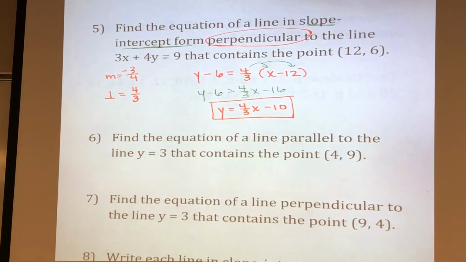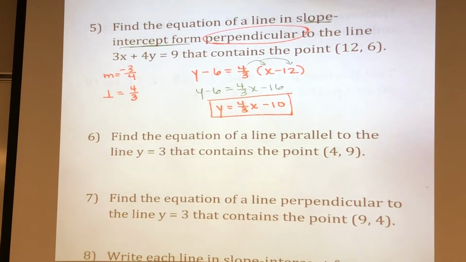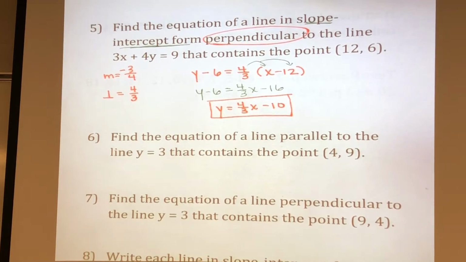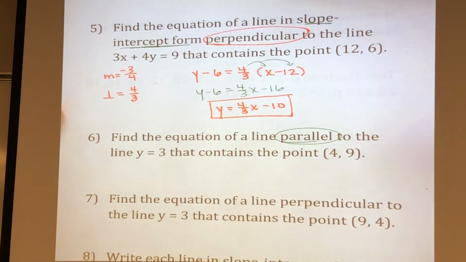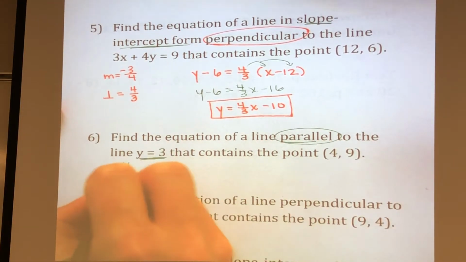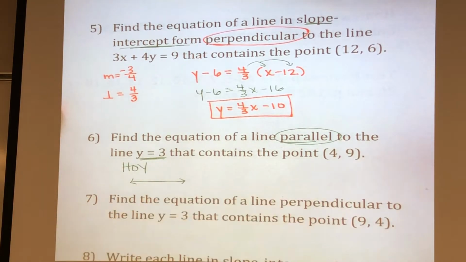All right, number 6. Find the equation of a line parallel to the line y equals 3 that contains the point 4, 9. All right, lots of things we have to think about in this one. First, parallel, meaning the same slope. Y equals 3. Remember our HOY acronym? That's telling us that we have a horizontal line that goes through 3.